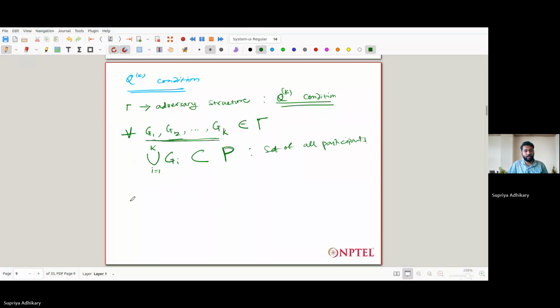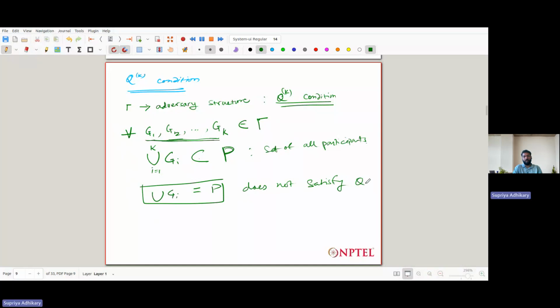But if there exist k many subsets such that this union is actually equal to P, then it doesn't satisfy the QK condition.